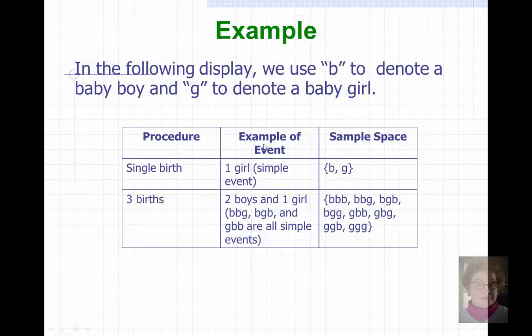So this event is made up of 3 simple events. And our sample space is looking at 3 births in order, how they could happen. These first 4 would happen if the first one's a boy, and the last 4 happen if the first birth's a girl. And so there are 8 possibilities in the sample space, and 3 simple events in the event we're interested in.